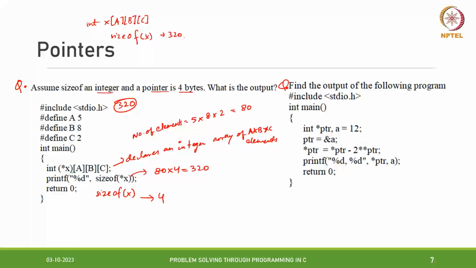So now PTR, the pointer, points to the address of a. Now we say star PTR, that is the value stored at this pointer location, and we are doing an operation on that. We are saying that star PTR equals star PTR minus twice into star PTR. Okay, so what do you think will be the output of this code?